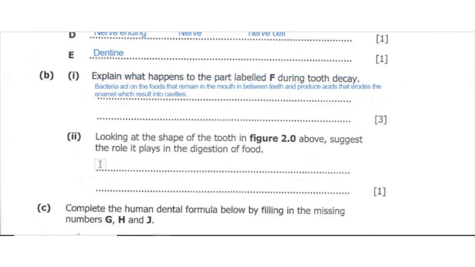So the function, when we say a role, we're asking for a function.